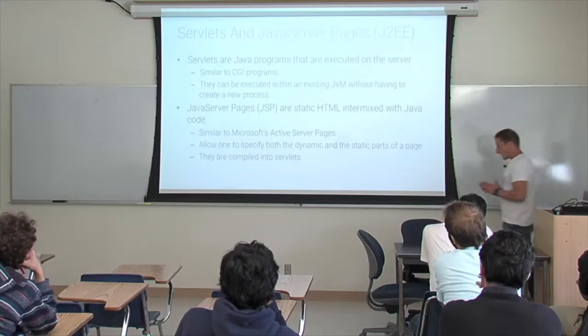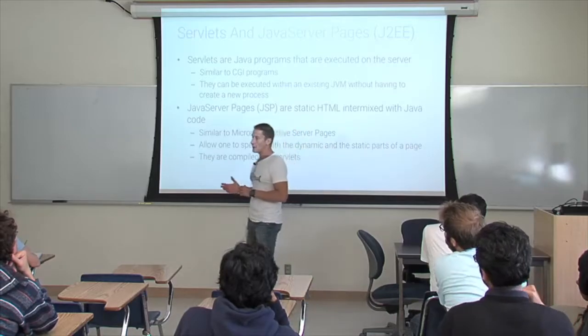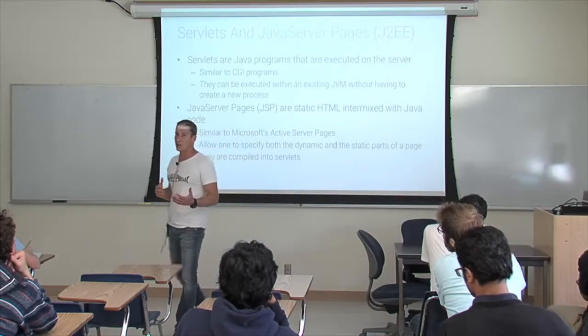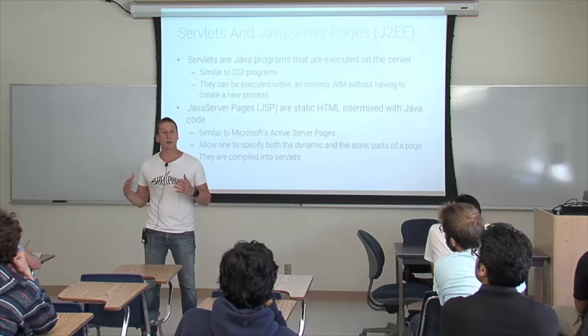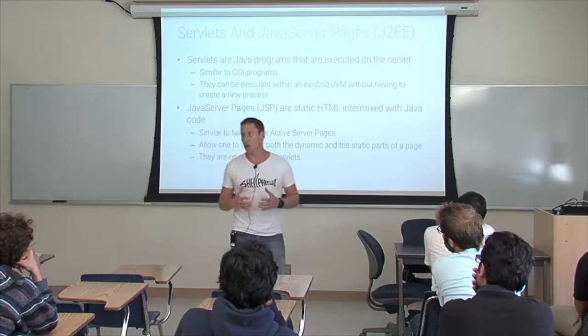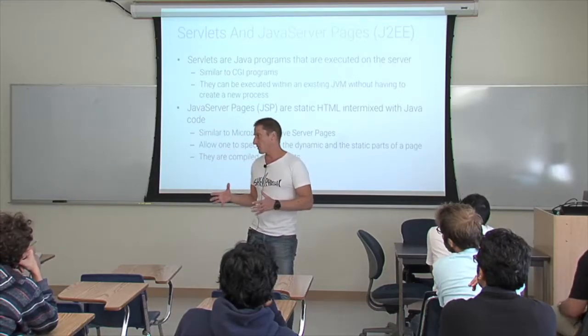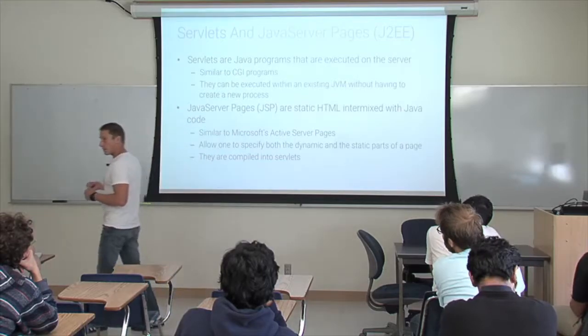Another way to execute code on the server side is servlets or Java server pages. These are technologies that are used more than you might expect in the industry. These are actually Java programs that are executed on the server side to answer requests.